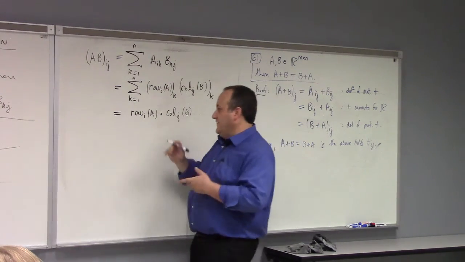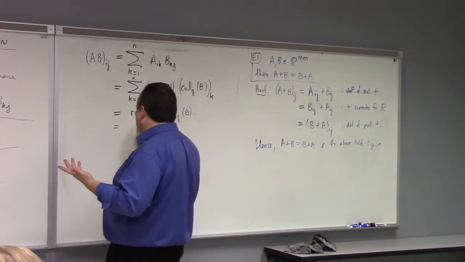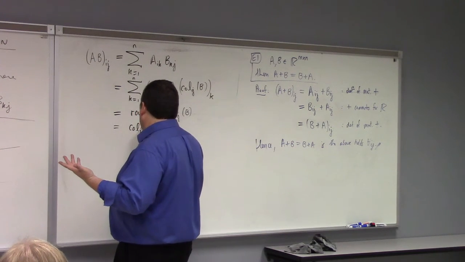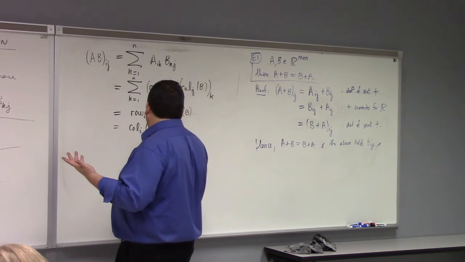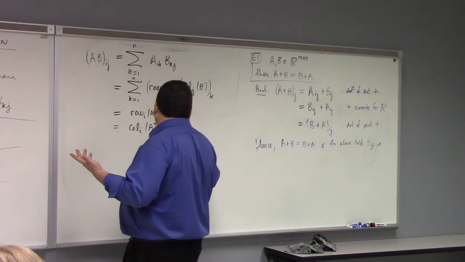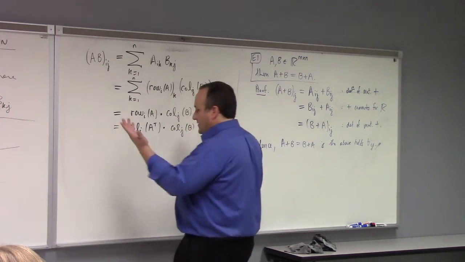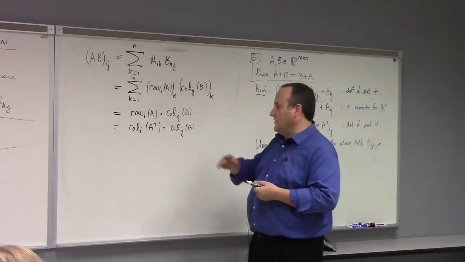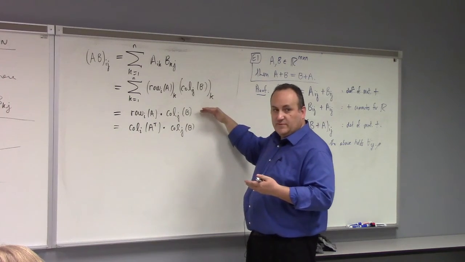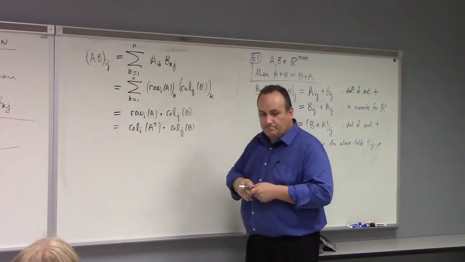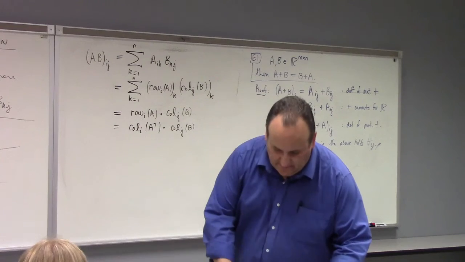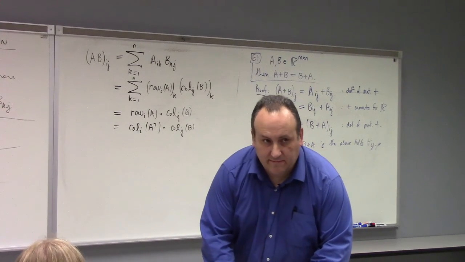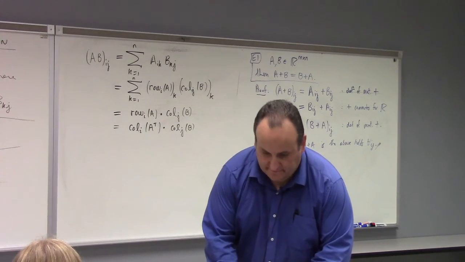If you really must have columns, then here you go. This is column i of A transpose dotted with column j of B. There you go. Now it's all columns. You happy? It doesn't matter, right? We want to allow ourselves to take dot products of rows and columns with this understanding. It's helpful. And you were doing it in the last course anyway, right?